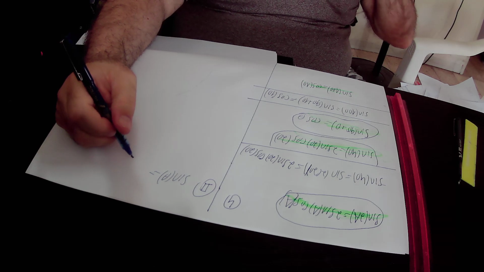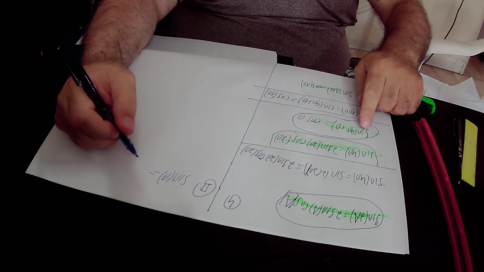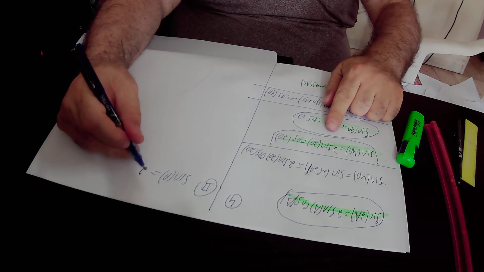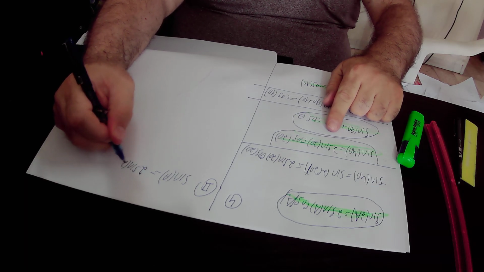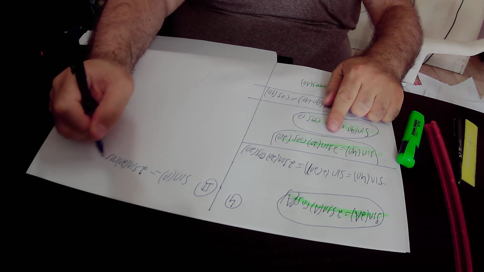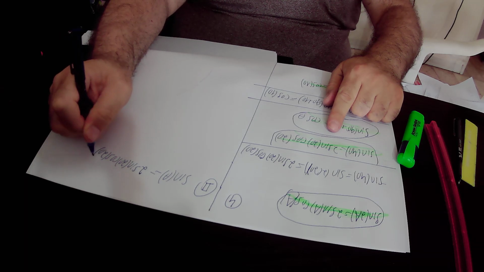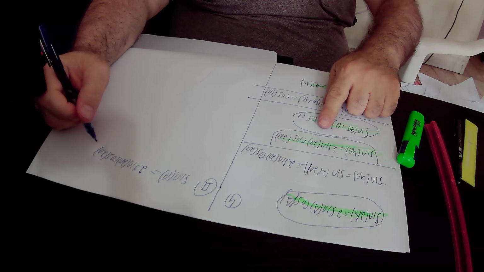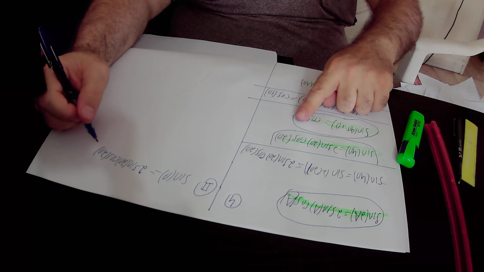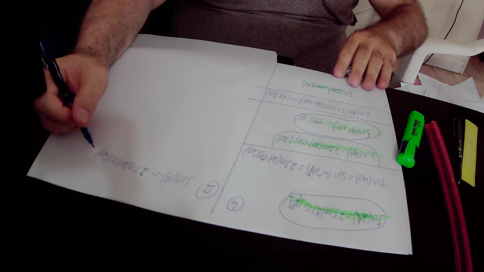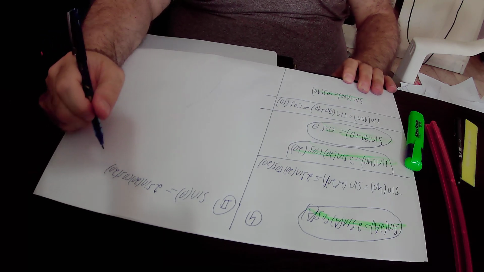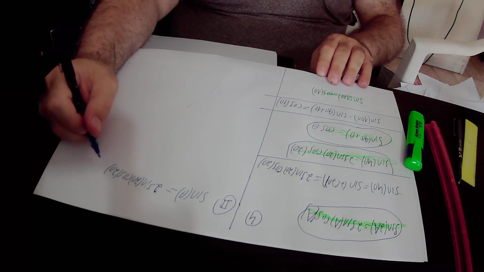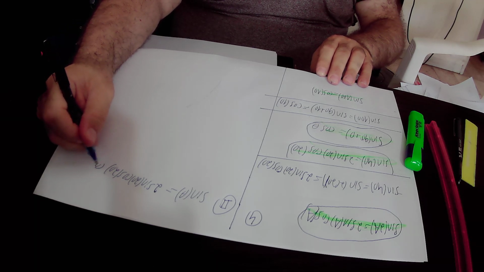Sin 40 degrees, according to what we just found out, is equal to 2 times sin 20 degrees times cos 20 degrees. Okay, so we substitute sin 40 degrees by 2 times sin 20 degrees times cos 20 degrees in equation number 2, and we have to multiply it by sin 100 degrees, but we substitute sin 100 degrees by cos 10 degrees.